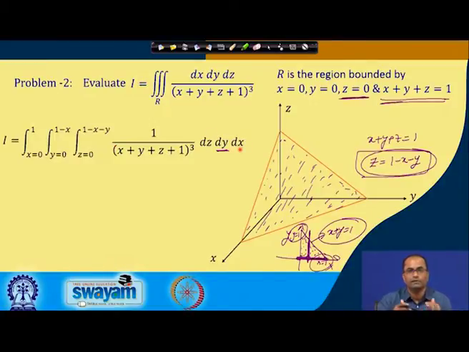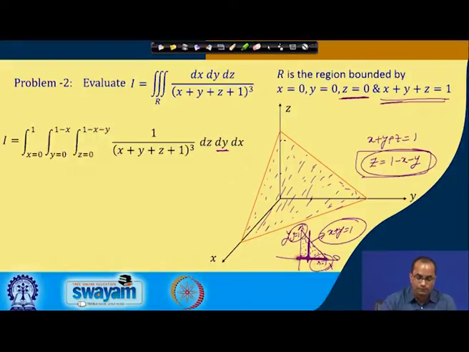While projecting this volume to the xy plane, we will get this triangle, nothing else, which cuts here at x is equal to 1 and at y is equal to 1 along the x and y axis. And now, in this 2 dimensional case, we know how to fix the limit.